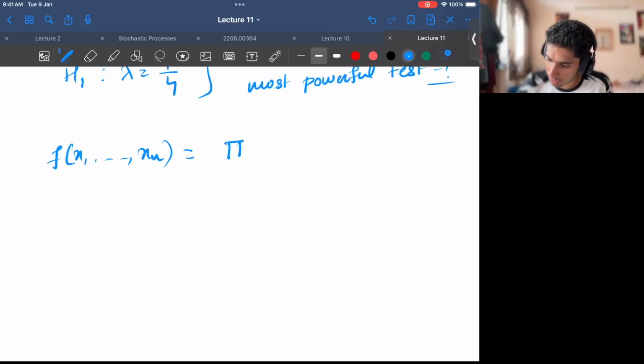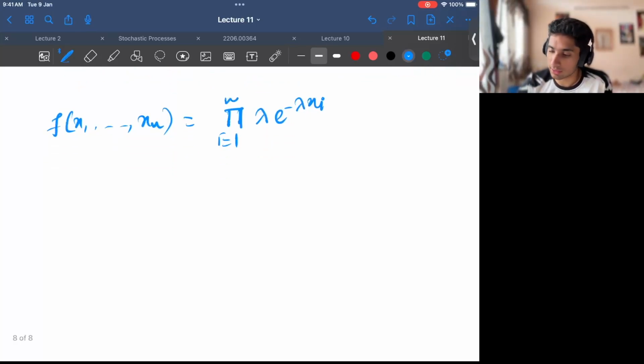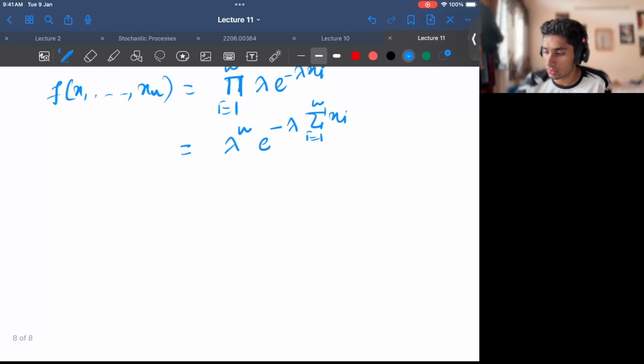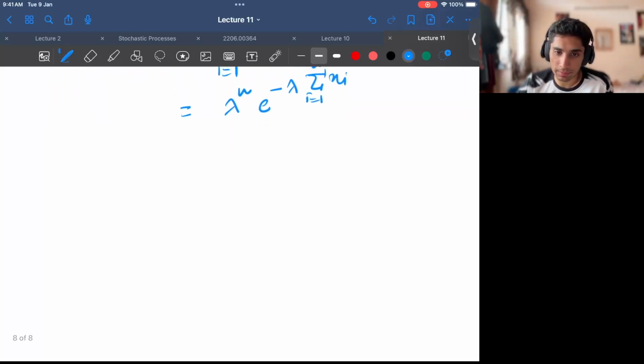So this will simply be the product of lambda e raised to minus lambda xi, i equal to 1 to n, because they are IID. That is equal to what? This will become lambda raised to n, e raised to minus lambda times summation xi, i going from 1 to n. So this is the joint distribution.